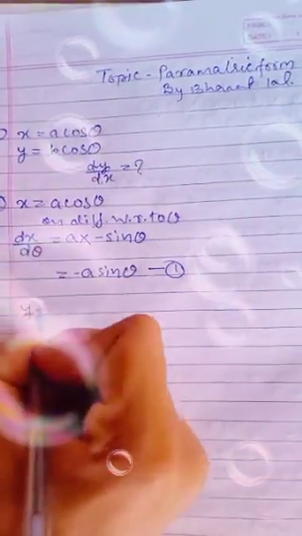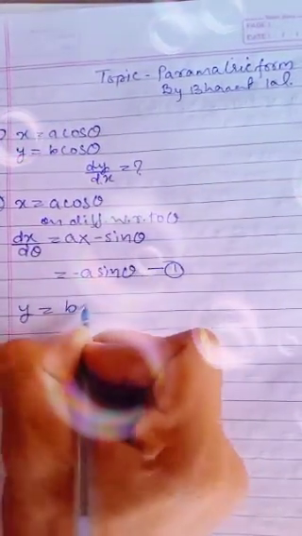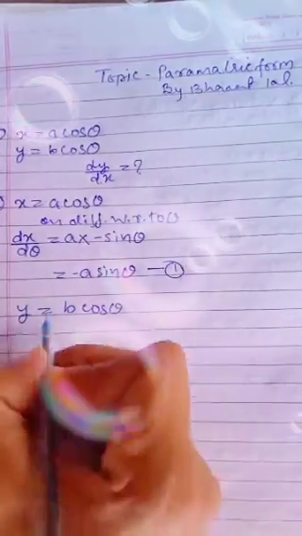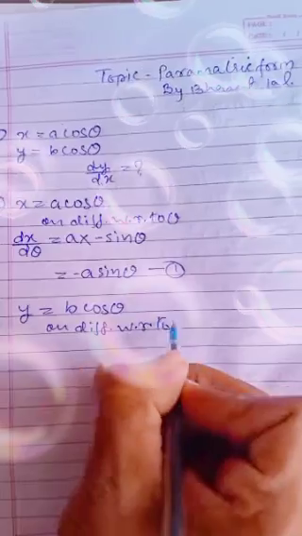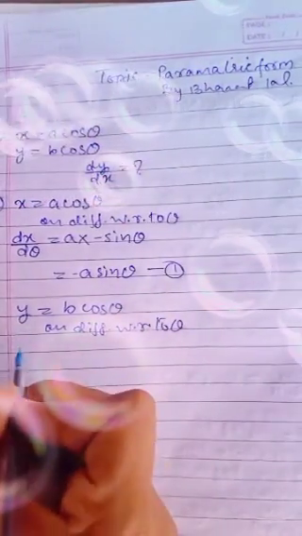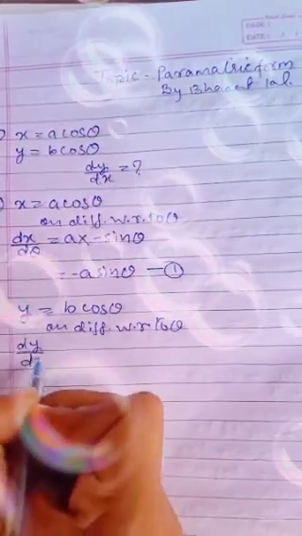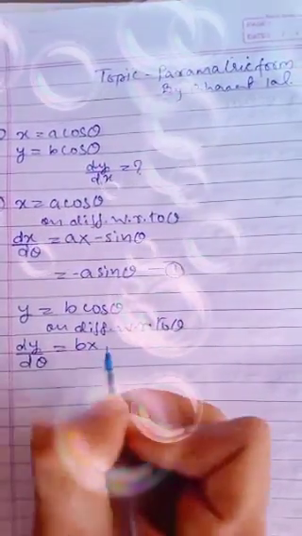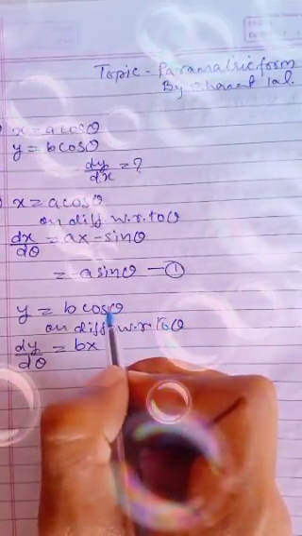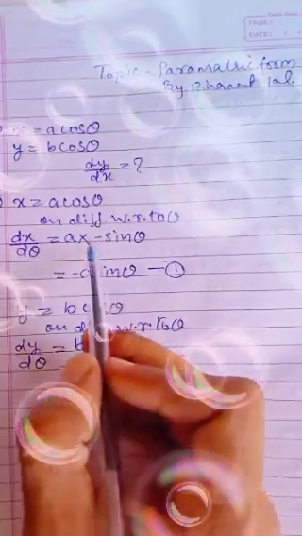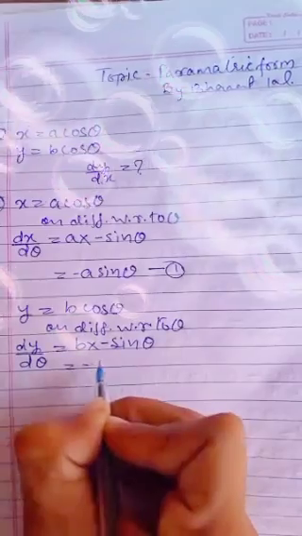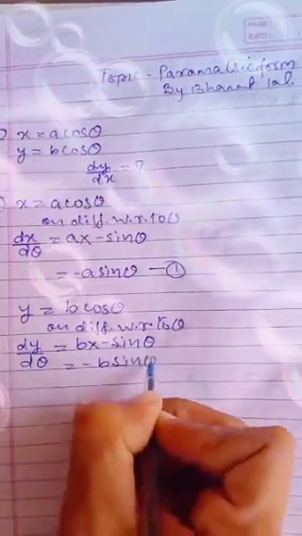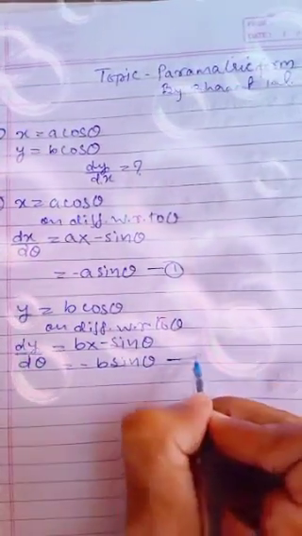Now taking the equation y is equal to b cos theta, again differentiate with respect to theta. dy over d theta is equal to b remains as it is, and the differentiation of cos theta is minus sin theta, so minus b sin theta. This is equation number 2.